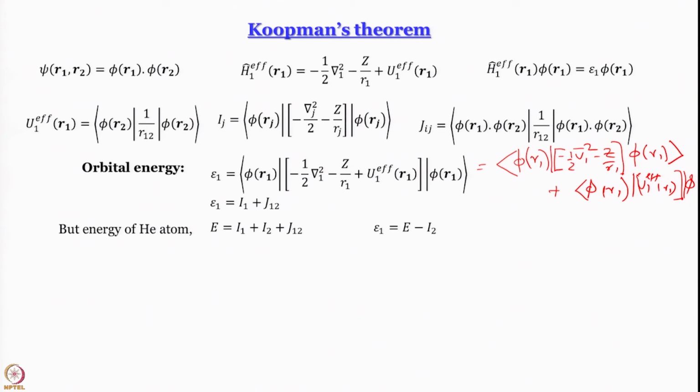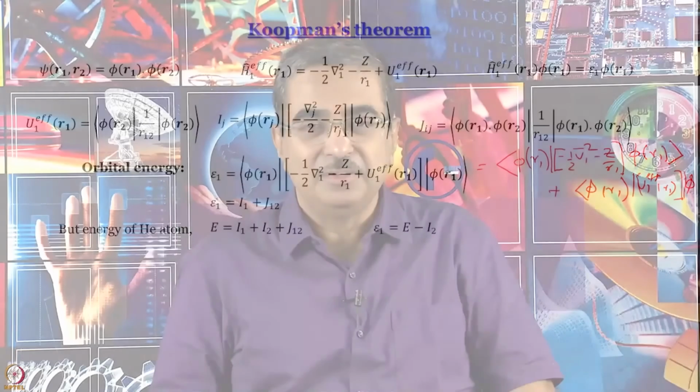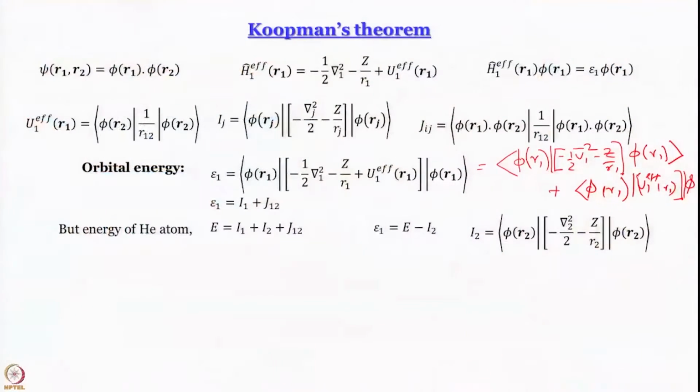Subtract one from the other, and epsilon 1 turns out to be E minus I2, or I can write E equal to epsilon 1 plus I2, whatever way you want to write. What is I2? Remember what I2 is?